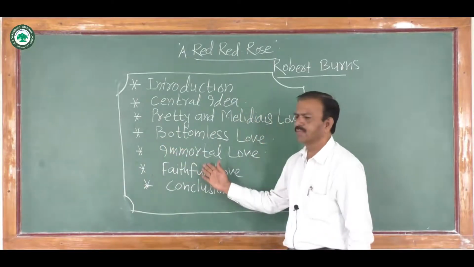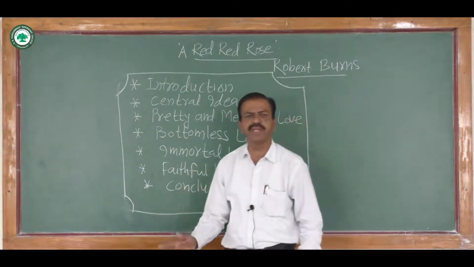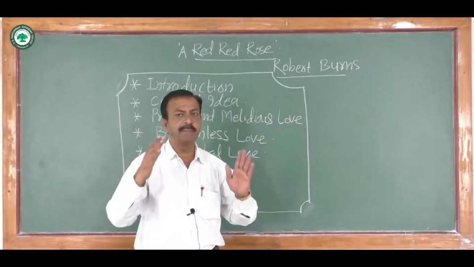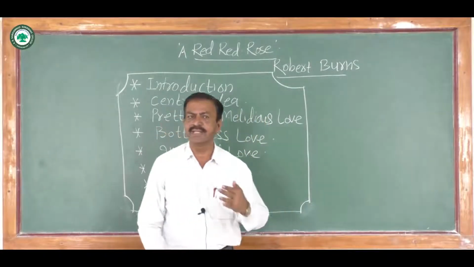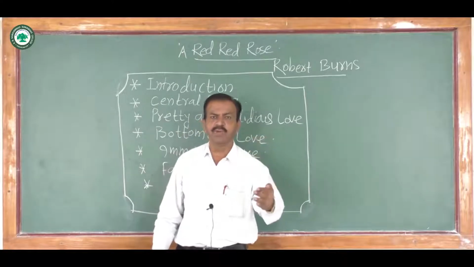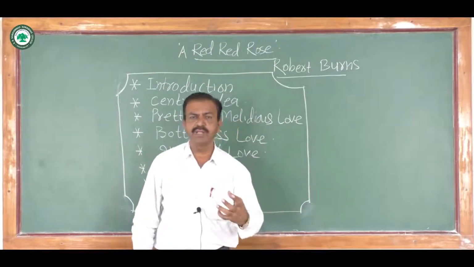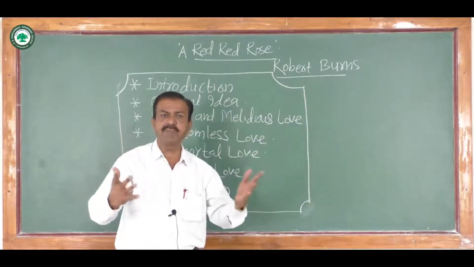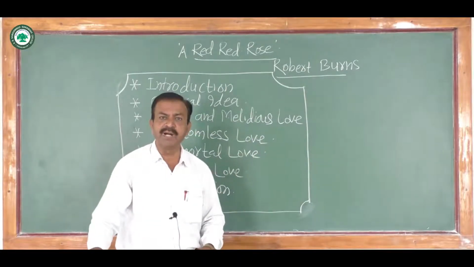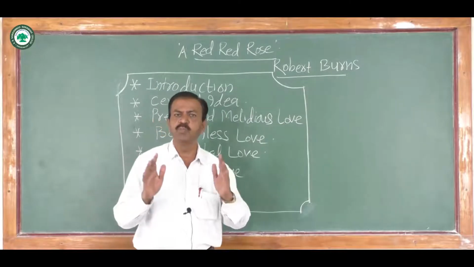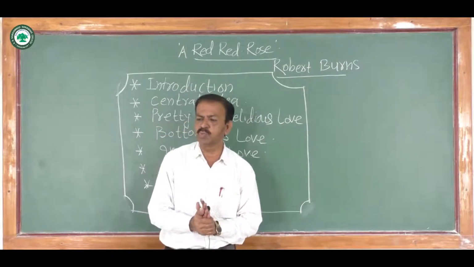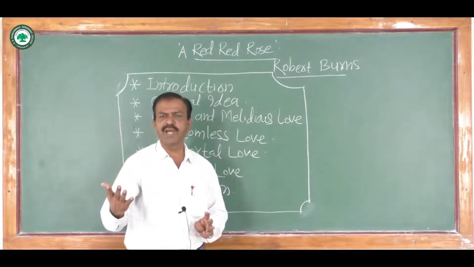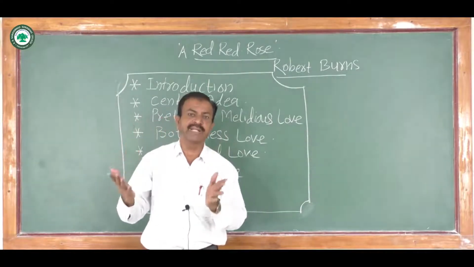Next, the poet is going to depict the picture of his love, and that is immortal love. So what is immortal? Which never dies, which is perpetual, which is permanent. The word immortal is used for things having no death or decay.